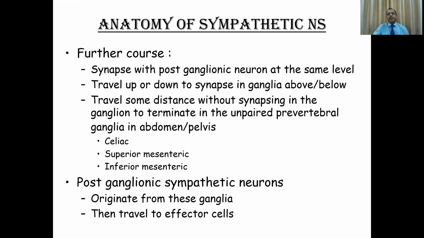Now, these unpaired prevertebral ganglia are the celiac ganglion, superior mesenteric ganglion, and inferior mesenteric ganglion. From here, the postganglionic sympathetic neurons arise, and then they travel to the effector cell.